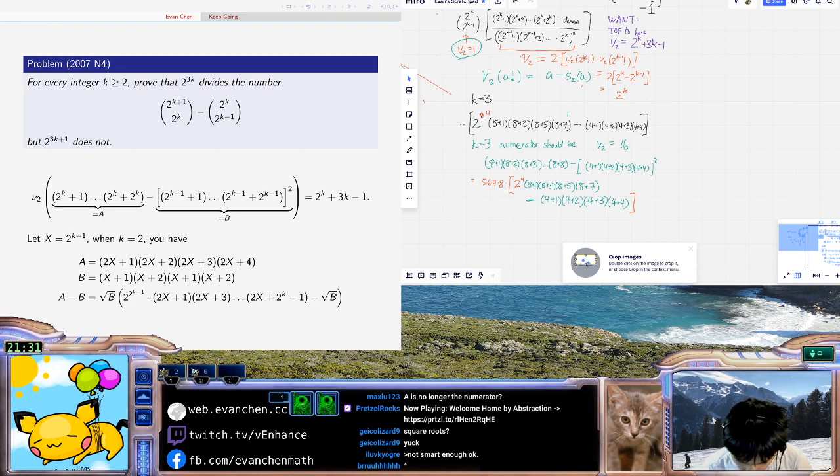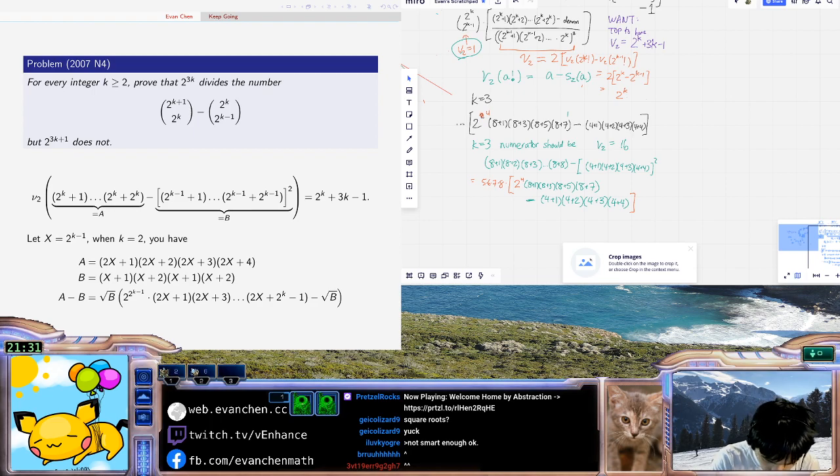Okay, and so this guy, the guy outside has v2 equal again to, should be 2 to the k, right? So this part here, in general, has v2 equal to 2 to the k. We computed that already. Wait, is it 2 to the k?